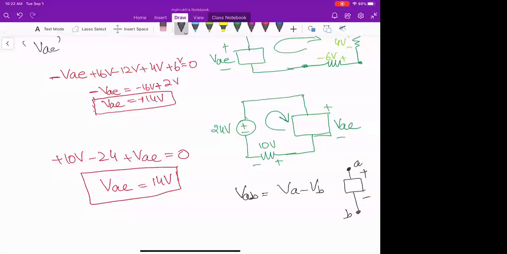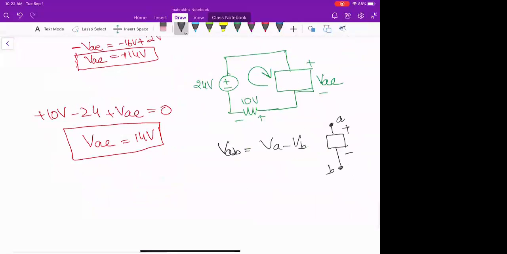Understand? Because now if I want to find VEC, what should be my signs? E should be at the top, the positive end. Yes, that's very good. So this should be my sign, right?